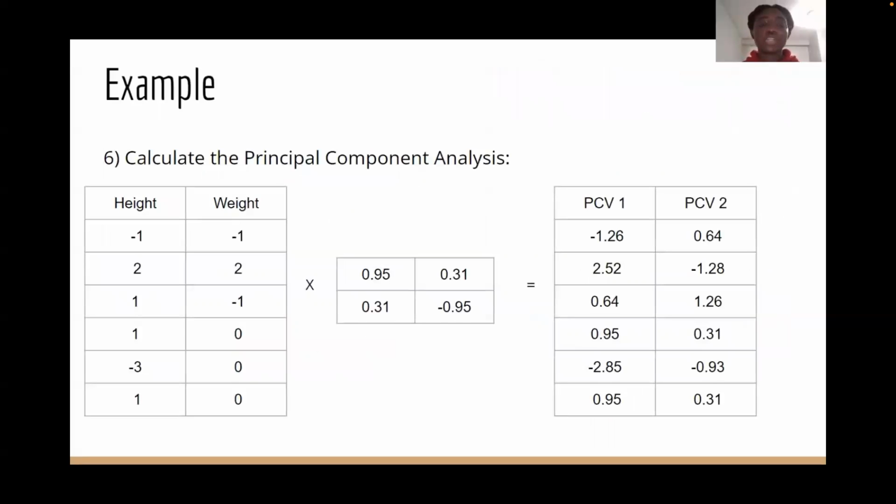So now the next step meant to calculate the principal component analysis. Basically I had to multiply the eigenvectors that I obtained from before with the centered data that we obtained. And with that, I obtained PCV1 and PCV2, which are the new transformed data.